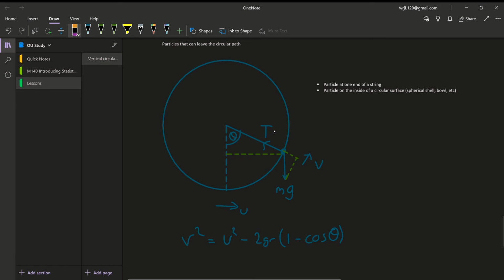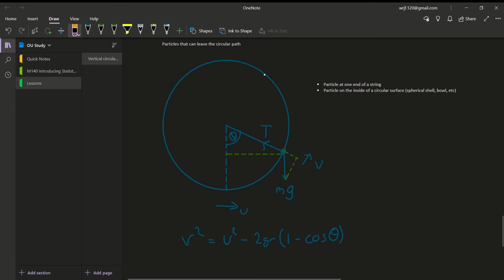So the first condition here that we need to think about is for the case where the particle is going to go around a complete circle. This is not the same condition as it was in the previous video where we had the particle fixed to its circular path.